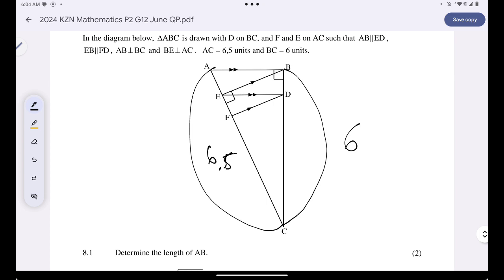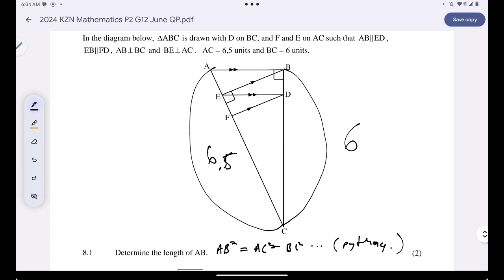Triangle ABC is a right angle triangle, right? You can simply say AB squared is equal to AC squared minus BC squared. Pythagoras theorem. This is the theorem of Pythagoras, guys.